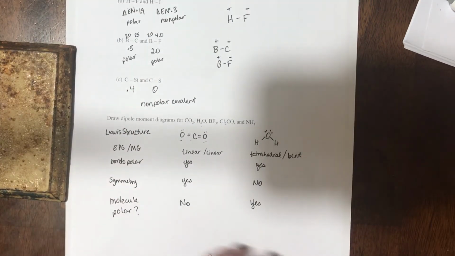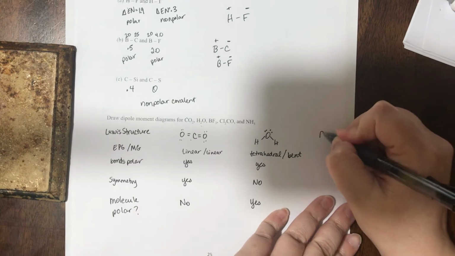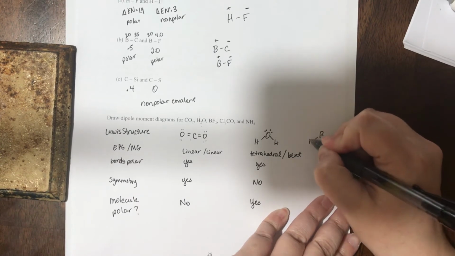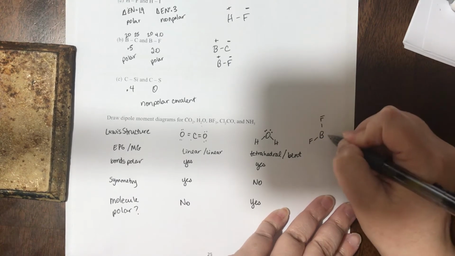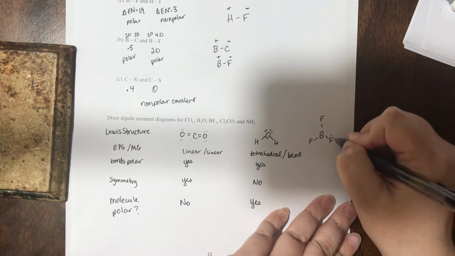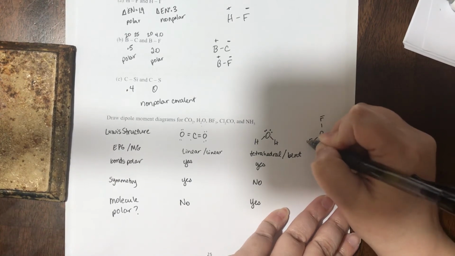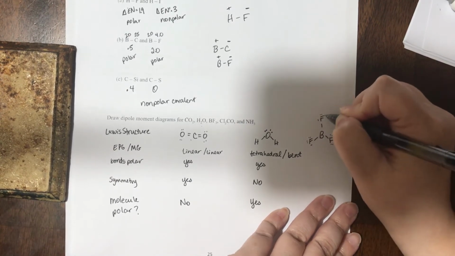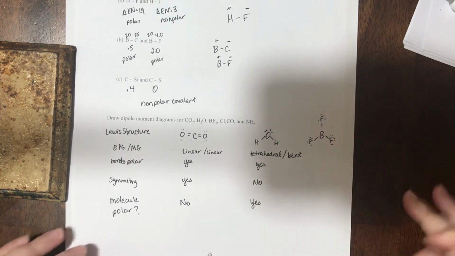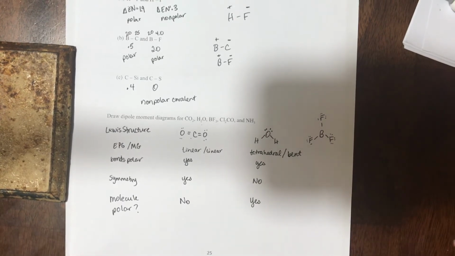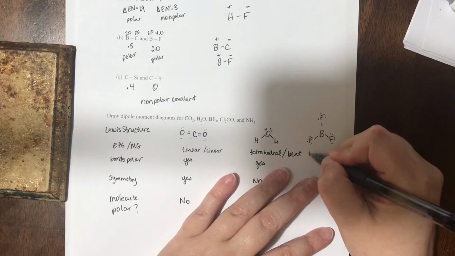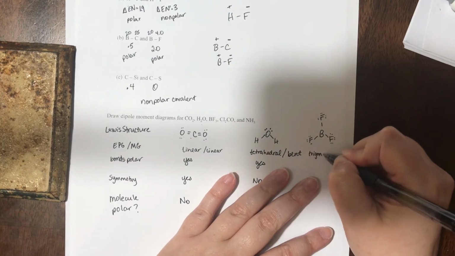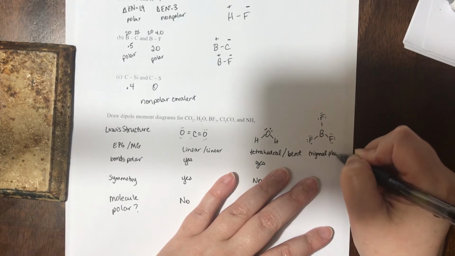Let's look at BF3. Okay, BF3 looks like that. So it has three domains, no electron pairs, so it's trigonal planar.